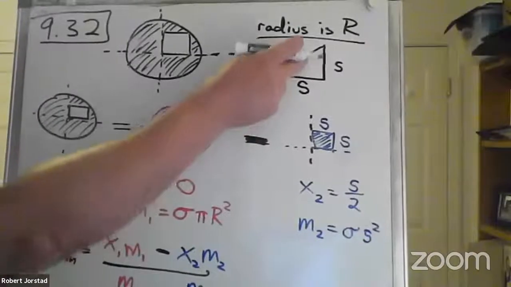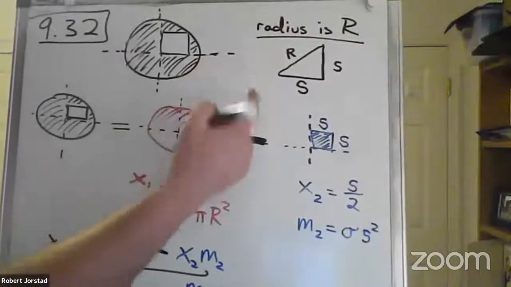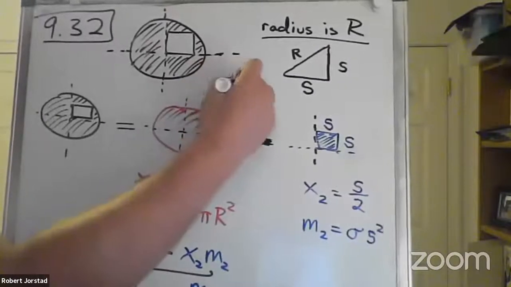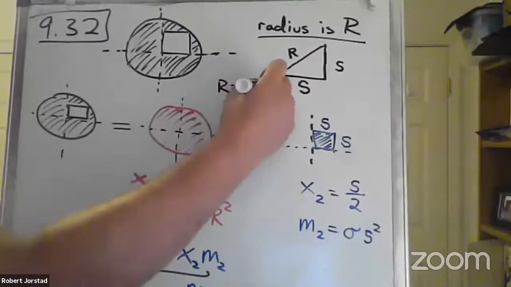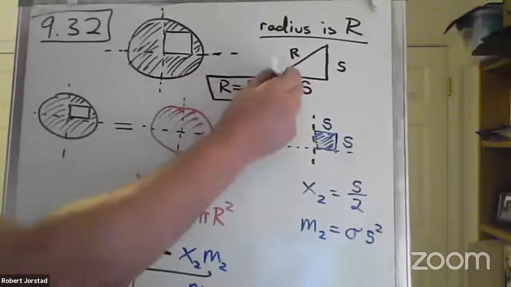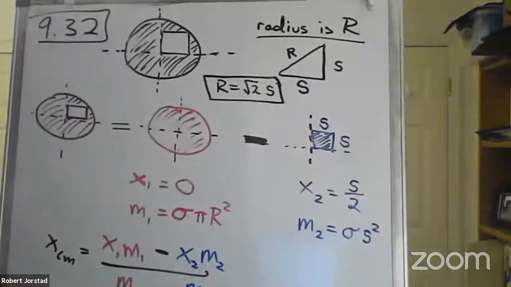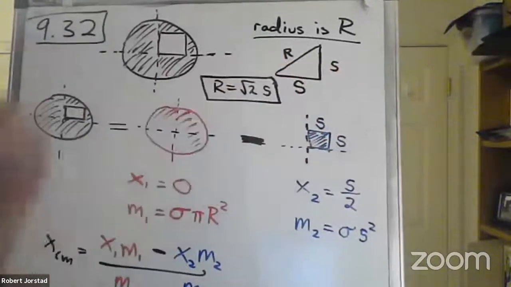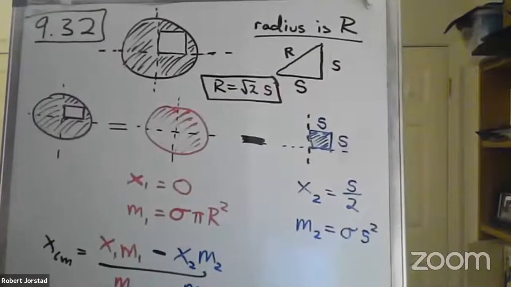You could either use 45, 45, 90, or just know the answer. That's how I do it. I just like, well, can't you tell that R equals square root of 2 S? Because that's the known answer from a 45, 45, 90 triangle. Or you could use the Pythagorean theorem, S squared plus S squared equals R squared. From that, you could figure this out.